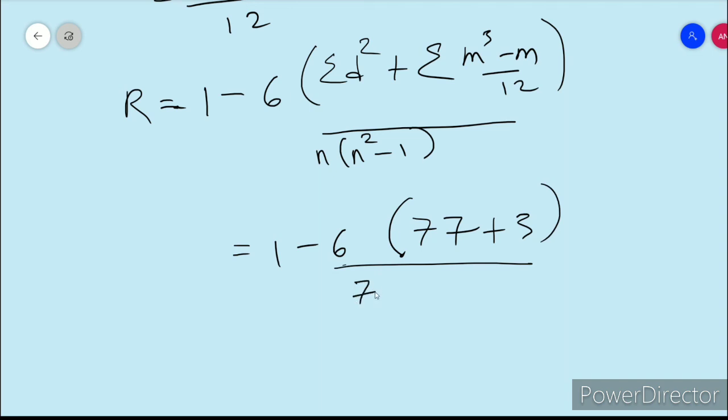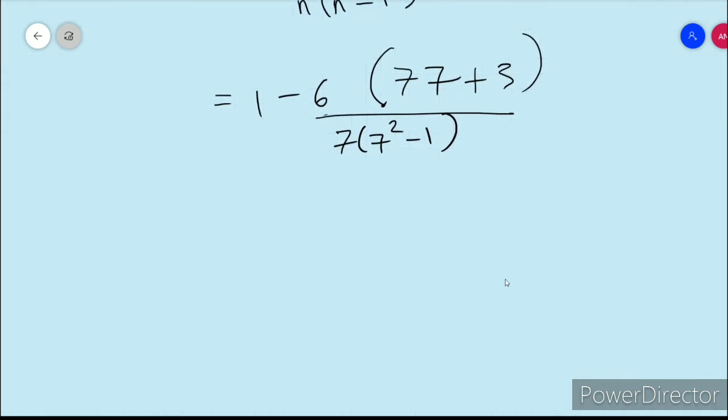N value is 7, so 7 square minus 1. So we get 1 minus 6, 77 plus 3 is 80. 7 square is 49, 49 minus 1 is 48, so 7 into 48.